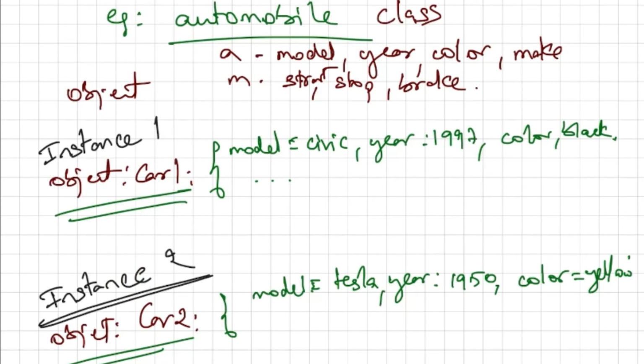It sounds appropriate if we have events, but in this case we can say car1 is an instance of class automobile. Car2 is an instance of class automobile. So this concept is called instantiation.